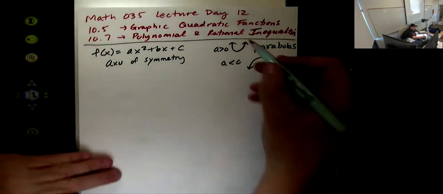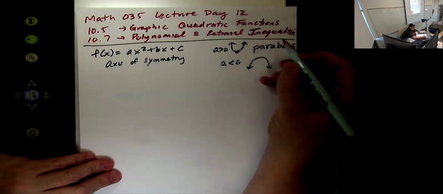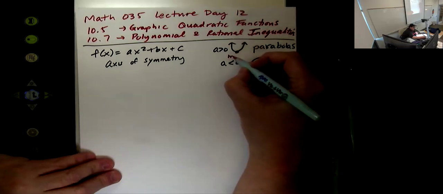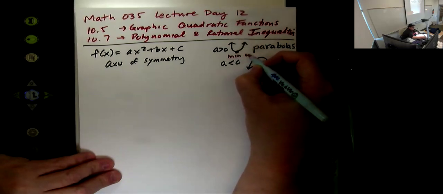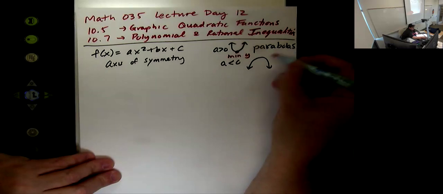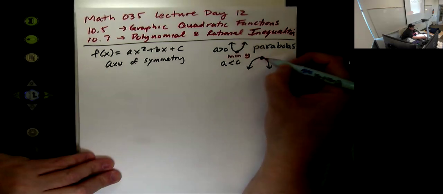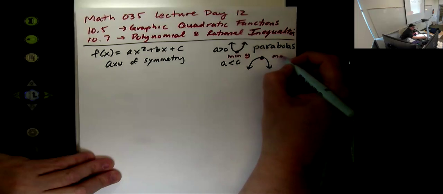Ones that open upward have a very smallest y value. We will have a minimum for y. And the ones that open downward have a peak. We will have a maximum value of y.